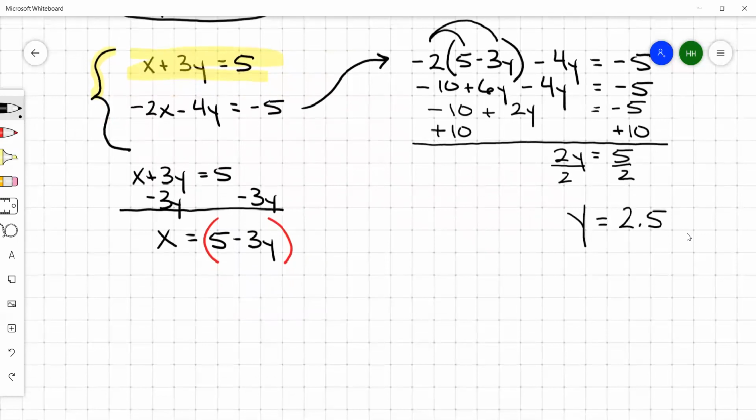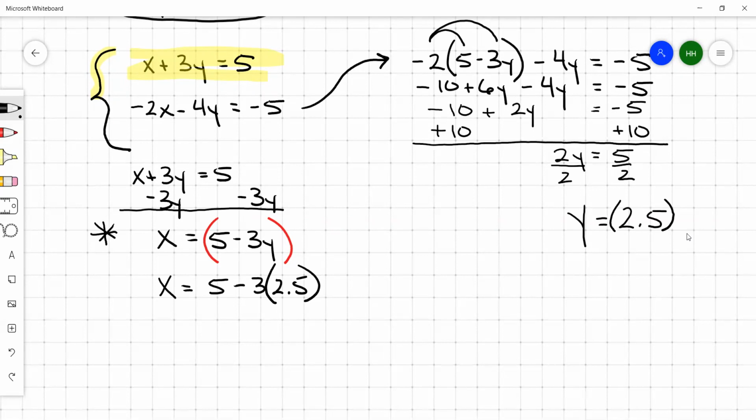So if you know what your y is equal to, you go back right here to your x equals, and where there's a y, you substitute this 2.5. So our x value is equal to 5 minus 3 times 2.5. You can type that in your calculator.